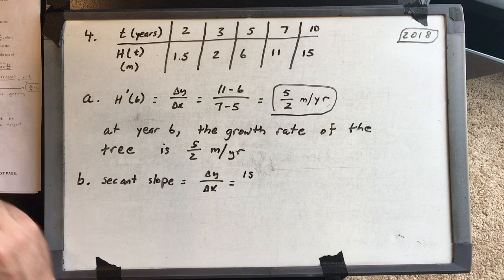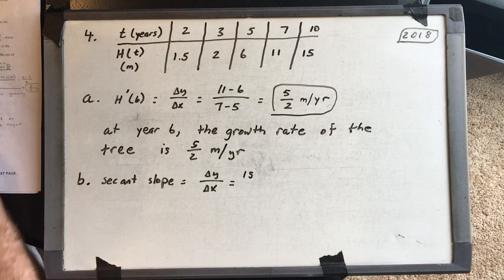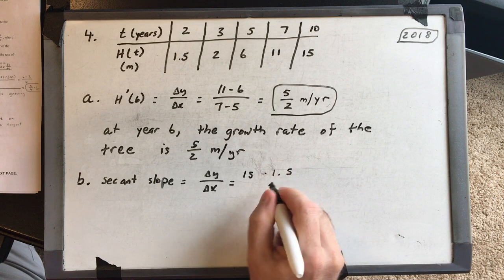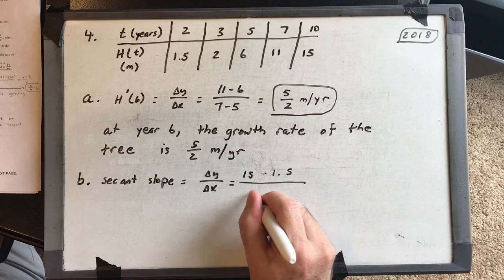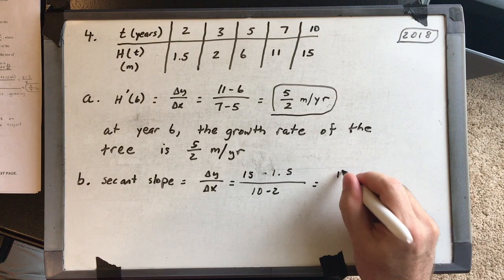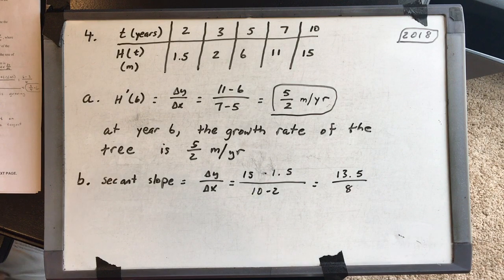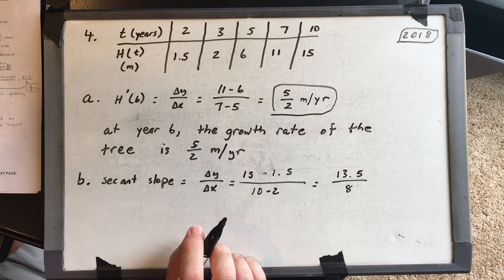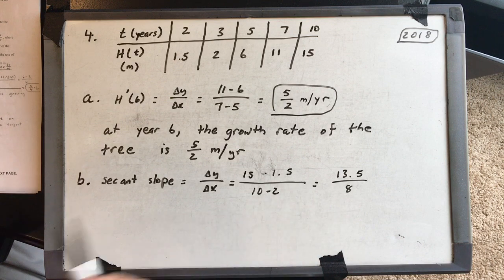I think on number 2, part B, no, it does say between 2 and 10. Okay, so 15 minus 1.5, sorry about that delay, over 10 minus 2. So that's going to be 13.5 over 8. All right, that's not going to be equal to 2, obviously.